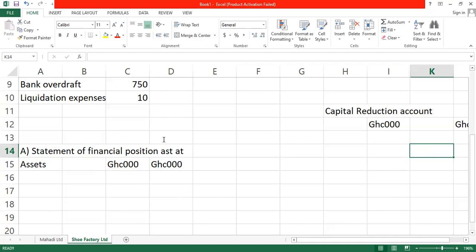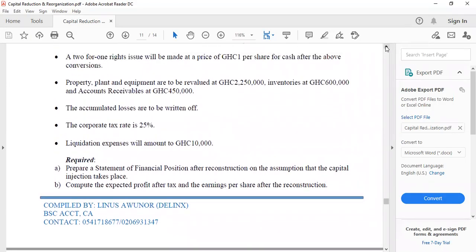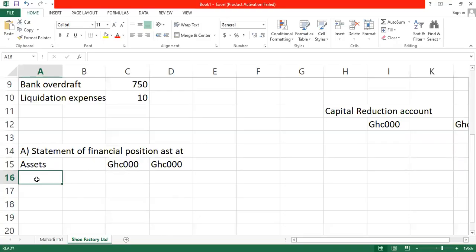Okay, let's go to the question. What are the new values of the assets now? Property, plant, and equipment is what? 2,250. Those will be the new value of the asset in the new company. So PPE will be 2,250, isn't it?